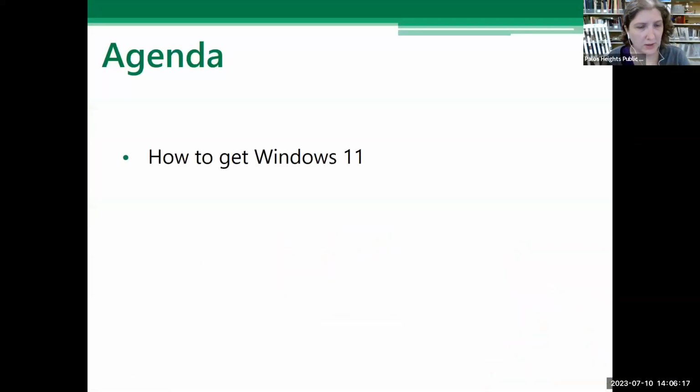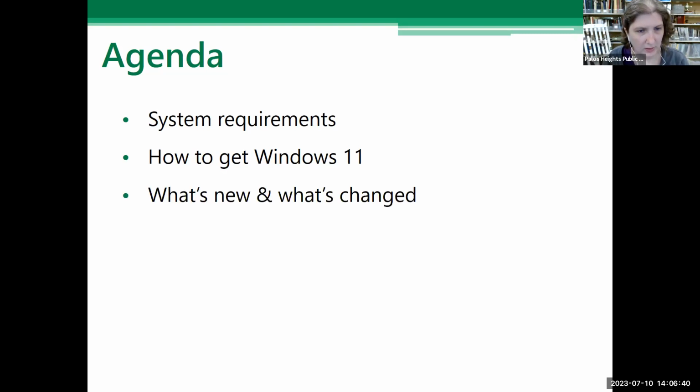First on the agenda today, we'll go over how to get the Windows 11 upgrade if you already have a PC with Windows 10 or earlier. Otherwise, most PCs now should be coming with Windows 11. There'll be some system requirements, what your computer needs to have to be able to get Windows 11, and what's new with Windows 11 and what's changed from Windows 10.